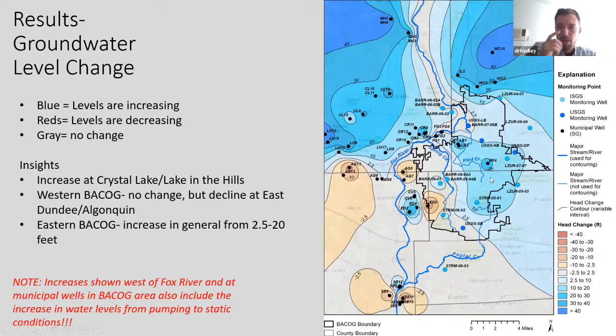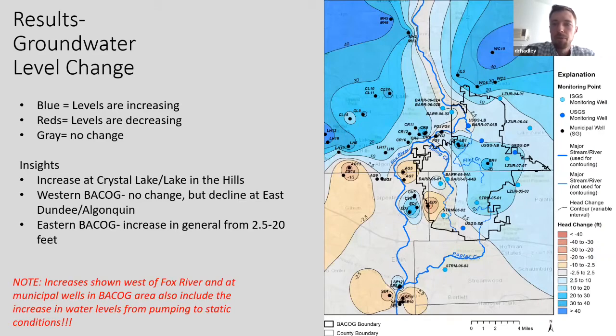Okay, so now we could do an overall difference from 2014 to 2019. And I do just want to note that the really large increases that we see out here would not be as substantial if the wells were always measured under non-pumping conditions.